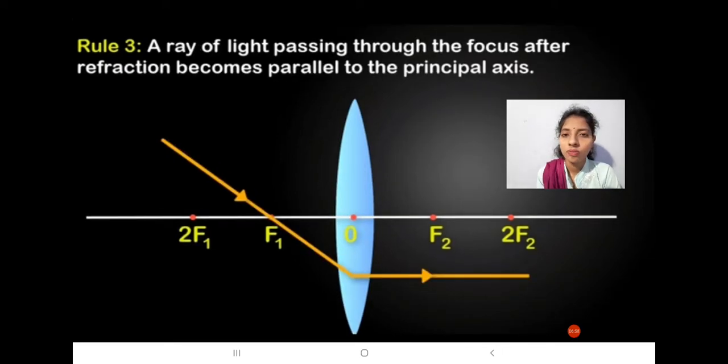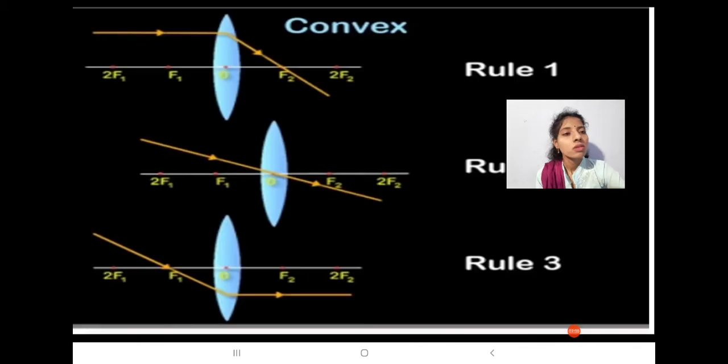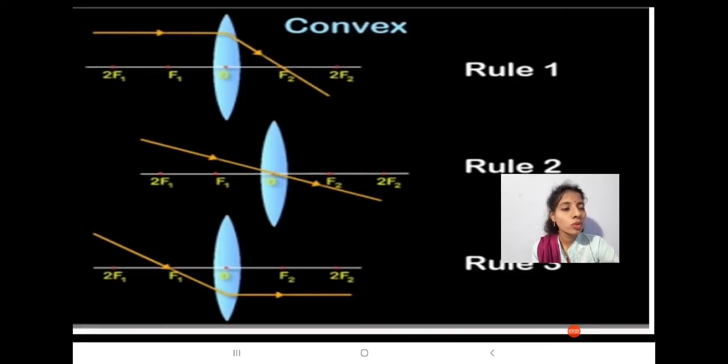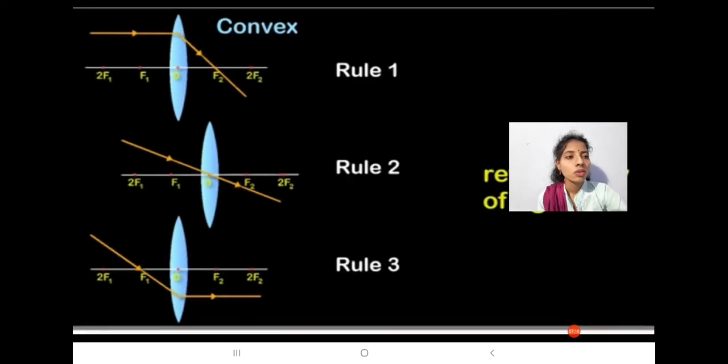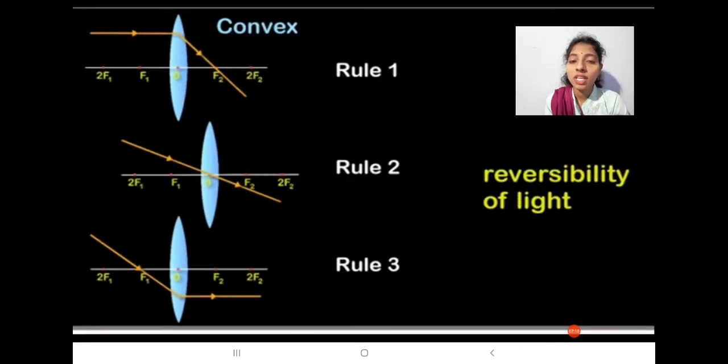You can see here. Now these are the three rules to draw the ray diagrams for the convex lenses. You can observe here that rule 1 and rule 3 are exactly opposite to each other, because of the reversibility of light.